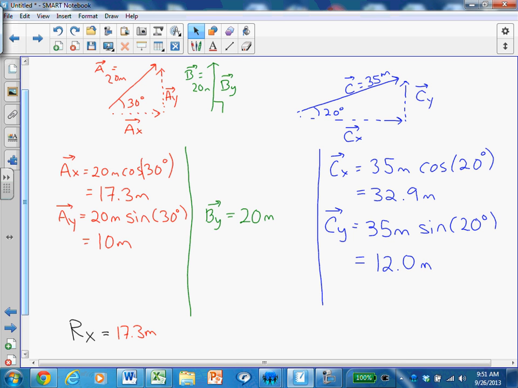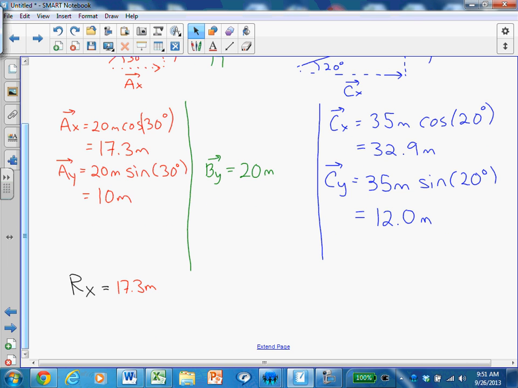There's no Bx, and then Cx is 32.9. And then adding those together gives 50.2 for our Rx, in meters.